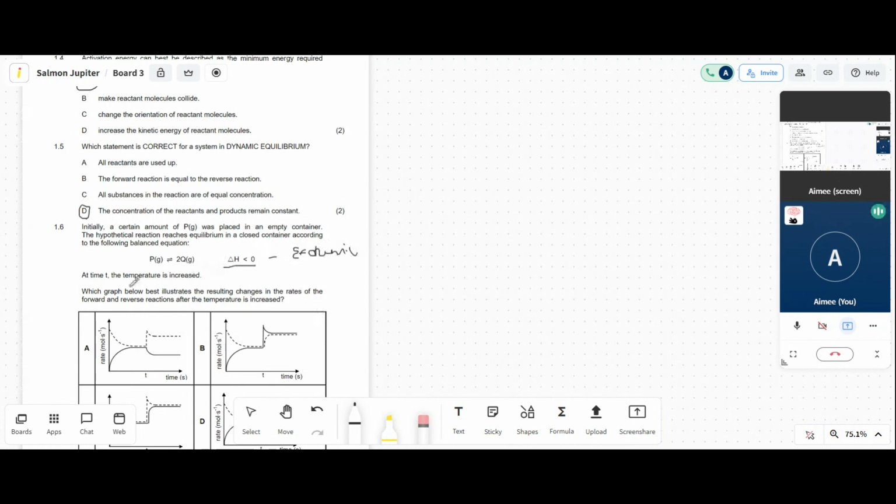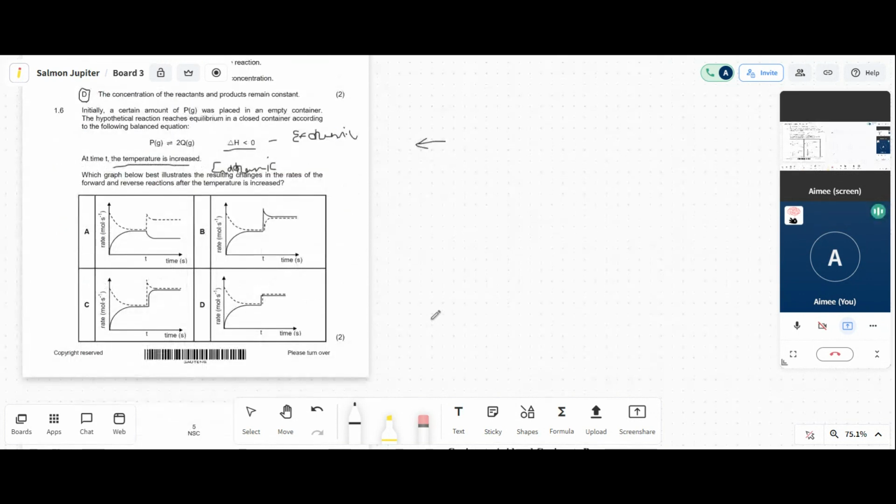Additionally, they said that the temperature is increased, and an increase in temperature favors the endothermic reaction. So that means that because our forward reaction is exothermic and they're increasing the temperature, and an increase in temperature favors endothermic, it means the reverse reaction is going to be favored. Okay?